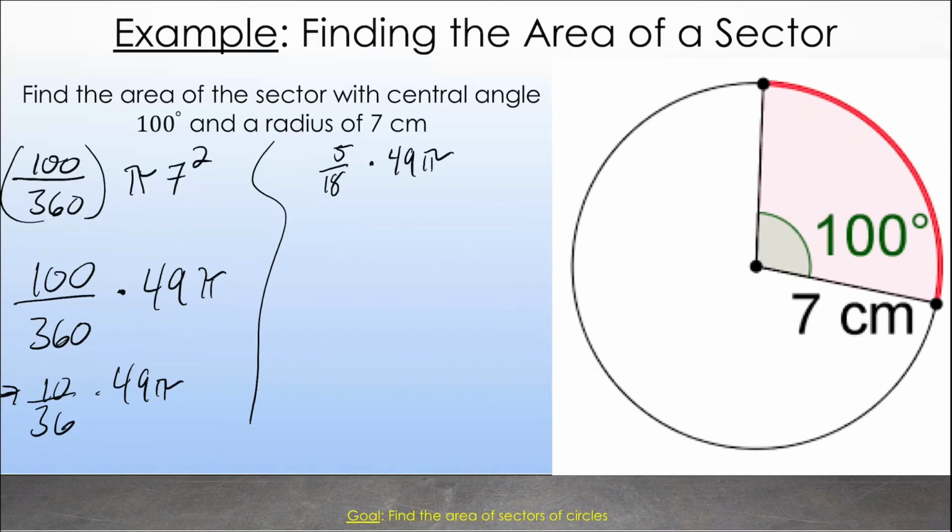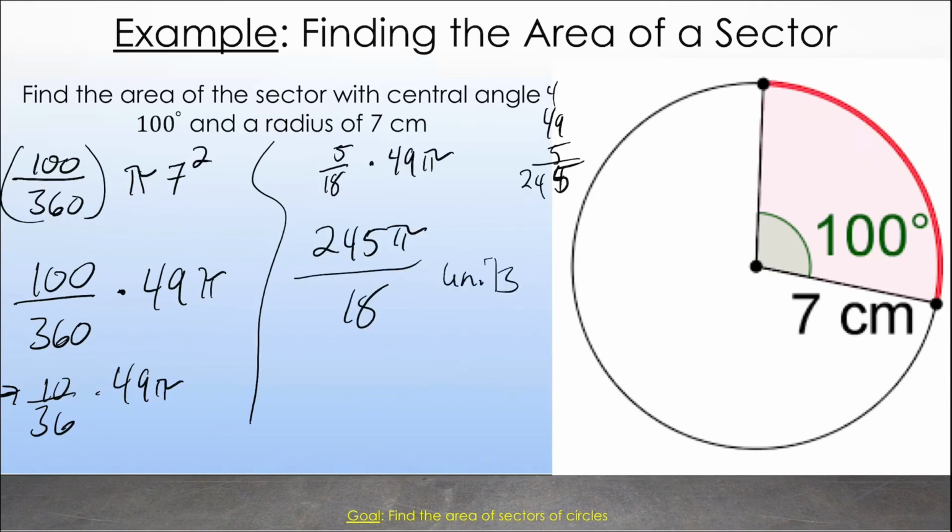This just turns into a calculator problem at this point. 49 times 5 gets 245, so I get 245 pi divided by 18 units. This I would just type into the calculator.